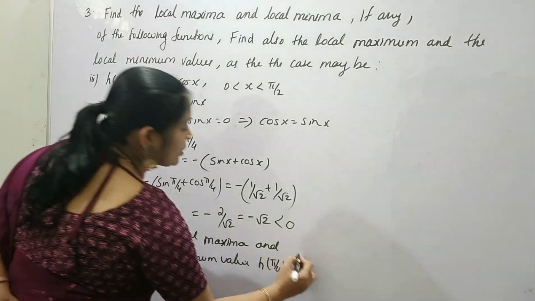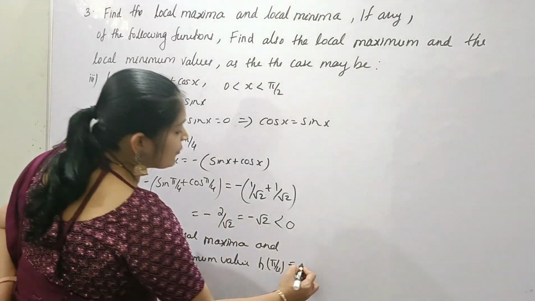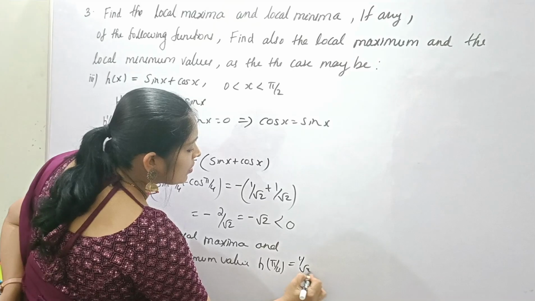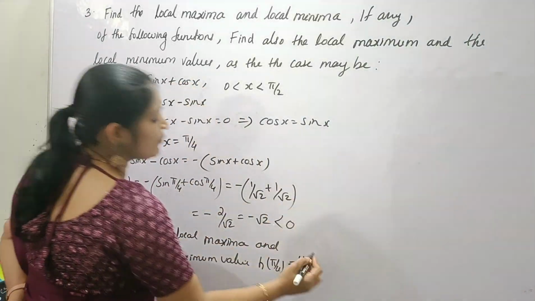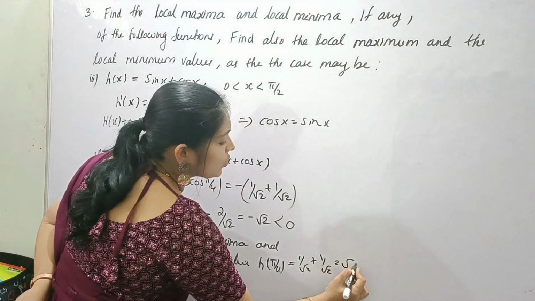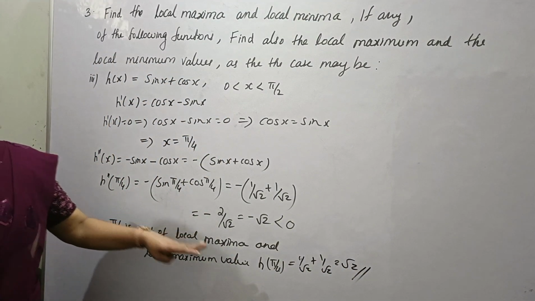That is equal to, substitute x is equal to pi by 4 in h of x: sin pi by 4 is 1 by root 2 plus cos pi by 4 is 1 by root 2, that is equal to 2 by root 2, that is root 2. Okay. So root 2 is the maximum value.